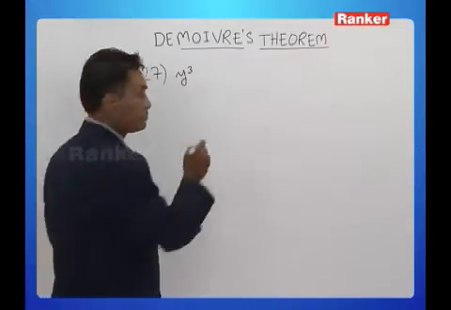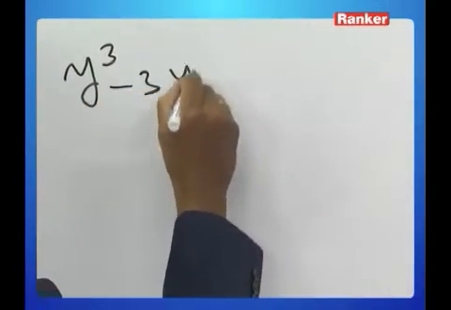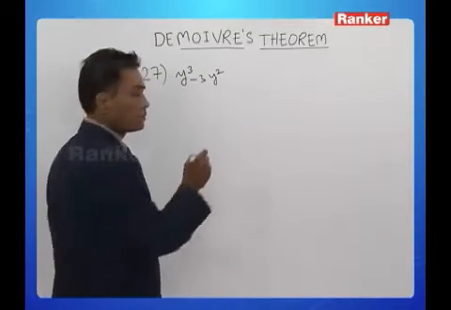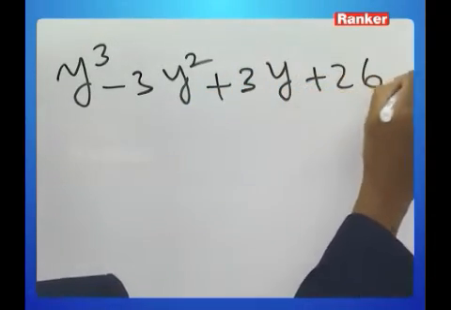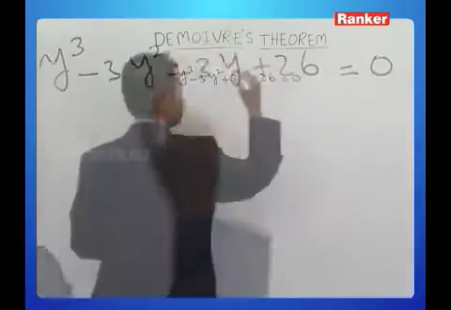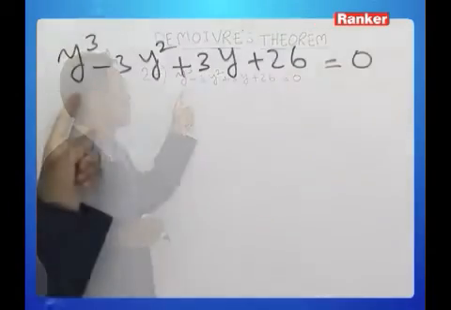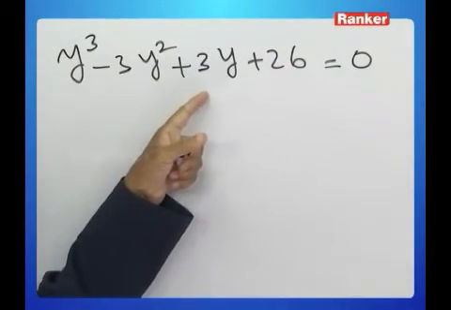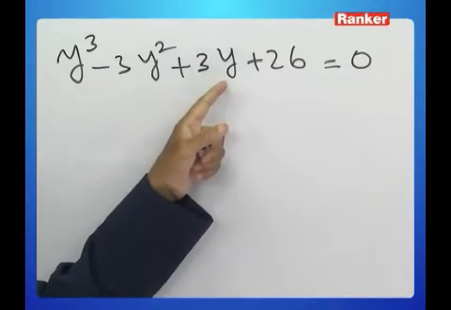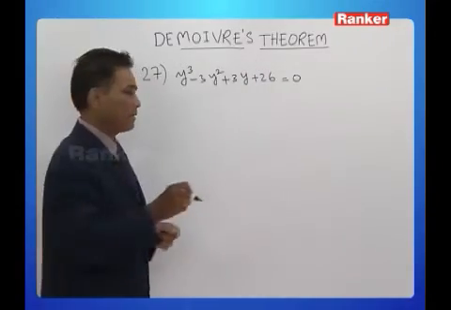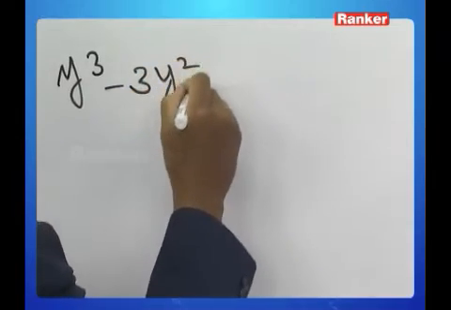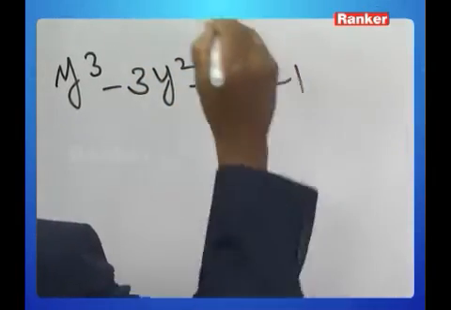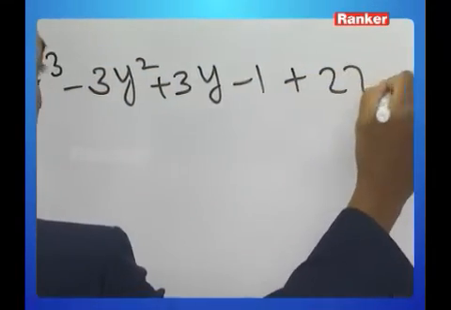Y cube minus 3y square plus 3y plus 26 is equal to 0. This is in the form of a cube minus 3a square b plus 3ab square, so add minus 1 and plus 1. Y cube minus 3y square plus 3y minus 1 plus 27.